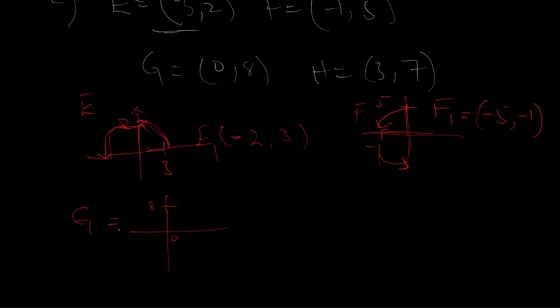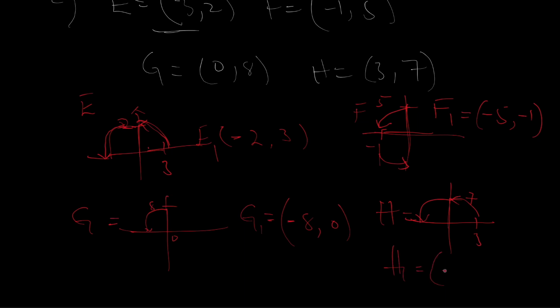For an anti-clockwise rotation of 90 degrees, this moves here, but this is the same. So our G1 becomes (-8, 0). And for our H, which is (3, 7), this moves here anticlockwise 90. Our H1 becomes (-7, 3).